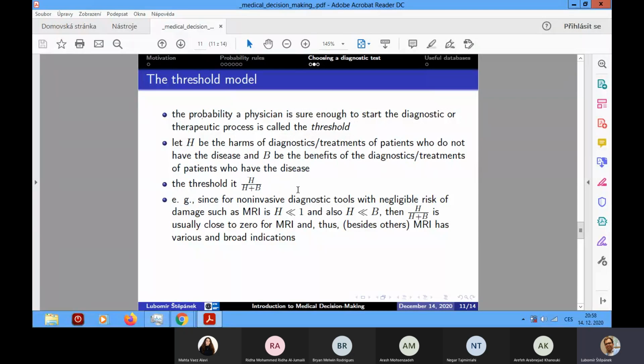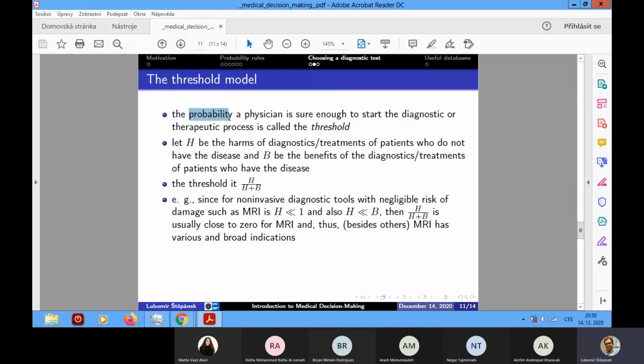Since the threshold is very low for MRI or ultrasound, for many patients the probability, for example of a suspicion that the patient could have a disease, will very likely be higher than this threshold.